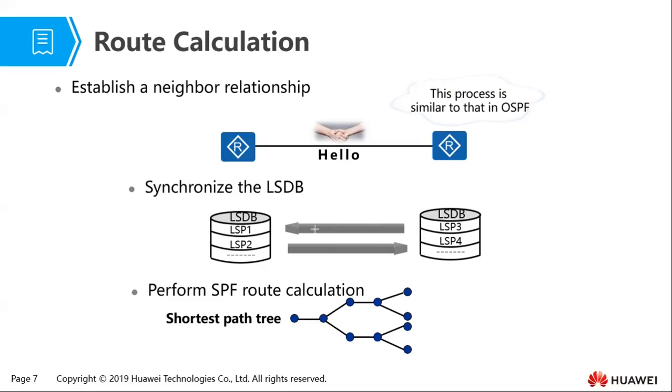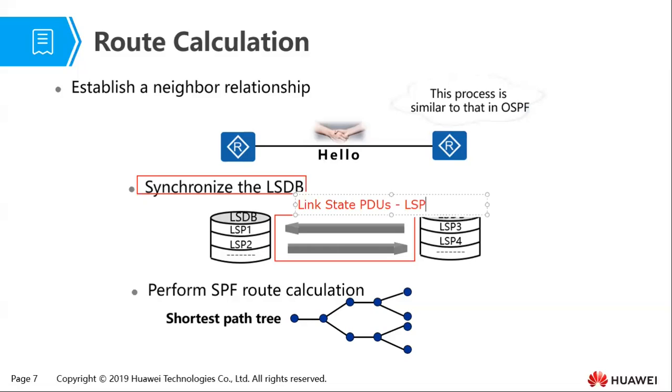Then after that, in the next step here, we now start exchanging our link state information. Now, while OSPF was using link state advertisements to exchange link state information between neighbors, here IS-IS uses what we call link state protocol data units, link state PDUs.